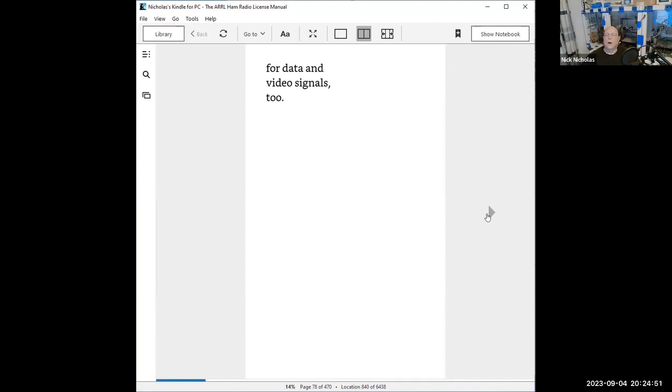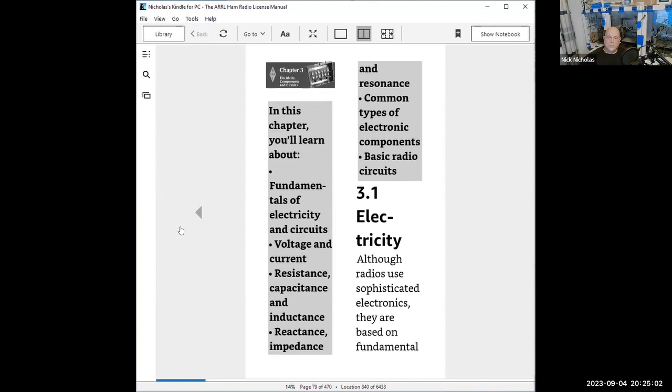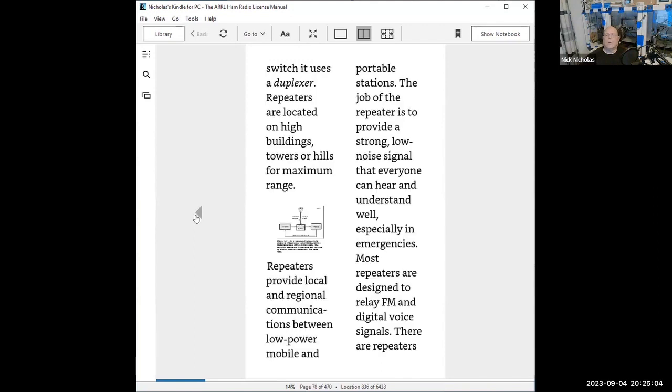And UHF and VHF radios nowadays are designed so that they can transmit to the repeater and receive on the offset frequency. Later in the class, we'll cover this in greater detail. Don't get overly concerned with any of this. But that's how we use repeaters.